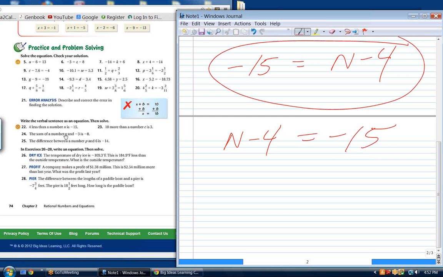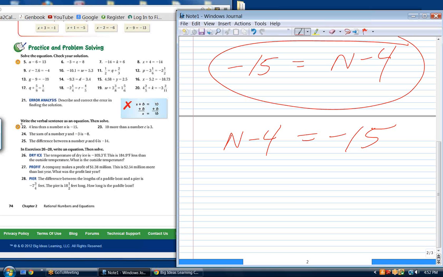It's just that typically you can't fully write left to right because they always do this little trick where whenever you're supposed to subtract a number from a variable, they always start out by giving you the number. In other words, they're trying to confuse you a little bit there. They could have said a number n minus 4 is equal to minus 15, but they didn't say that.